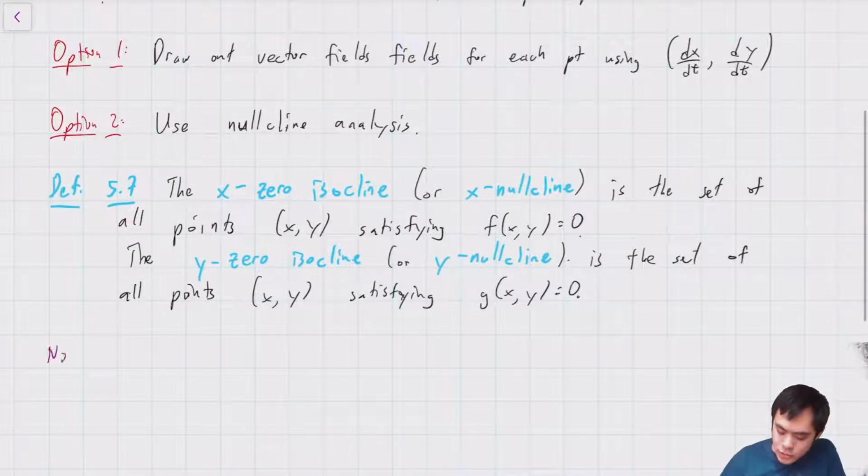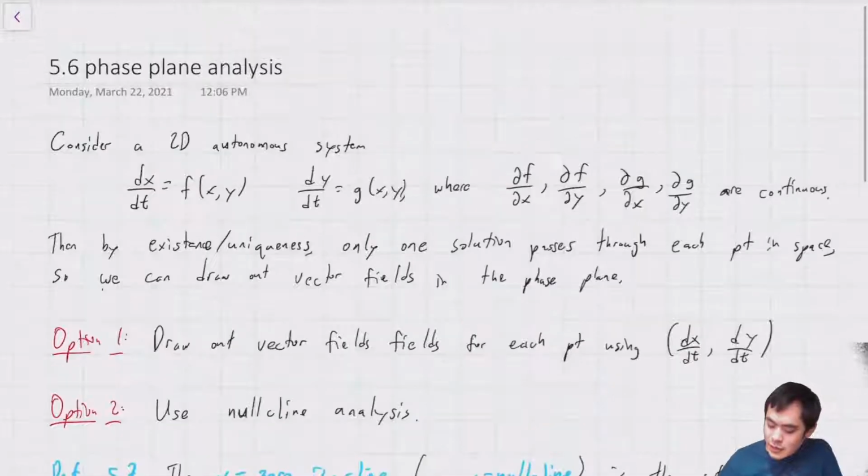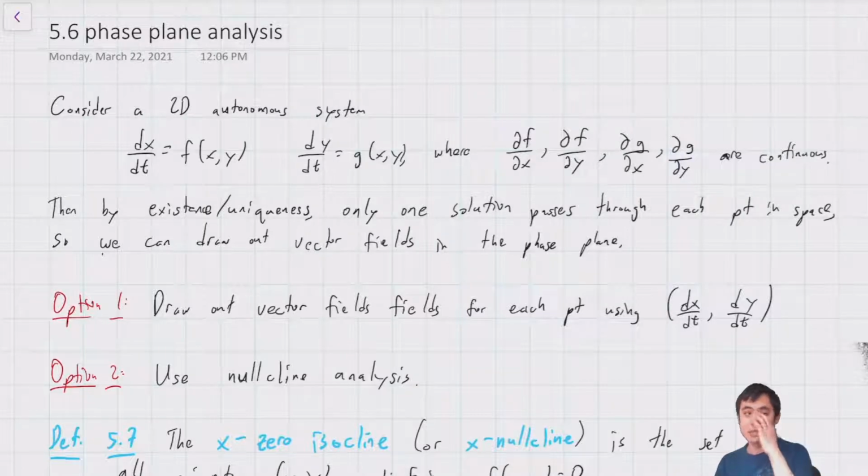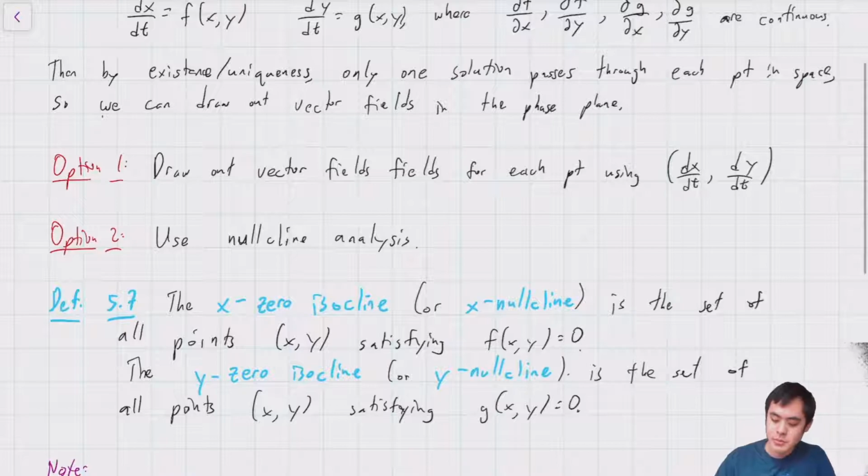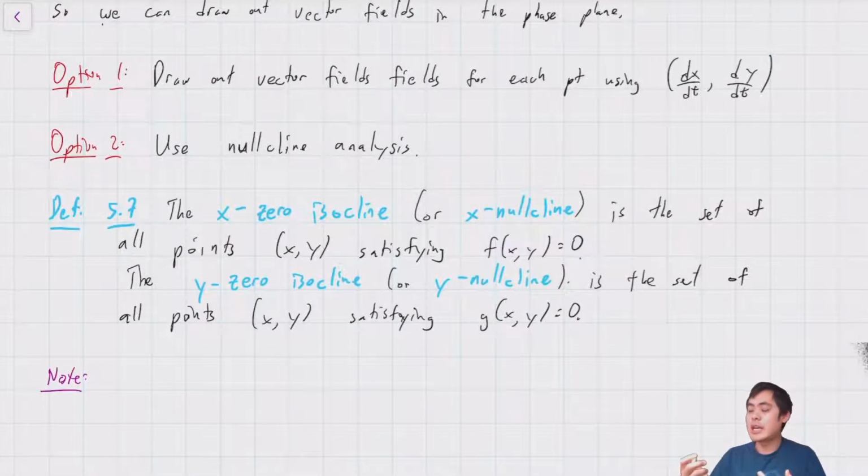And so basically what we're doing is we're solving f of x, y equals 0 and g of x, y is equal to 0 separately. So recall that when they're both equal to 0, you have an equilibrium. And now we're just going to solve each one separately.